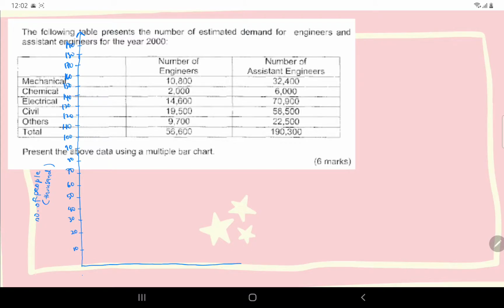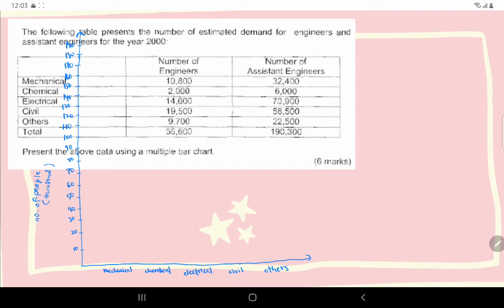Okay, and then we also need to label the categories along the horizontal axis. So our horizontal axis is in the categories of mechanical, chemical, electrical. Okay, so it is like this.